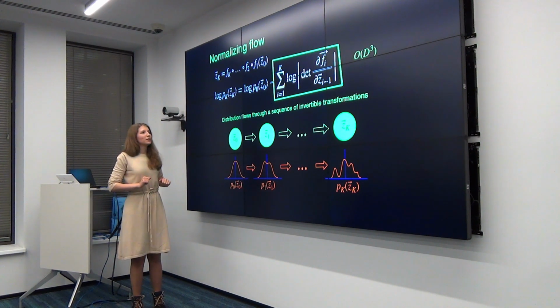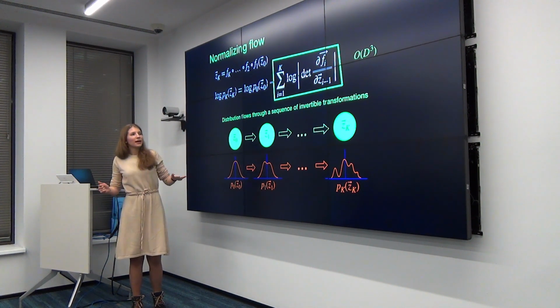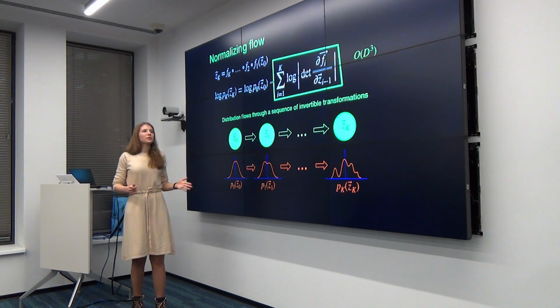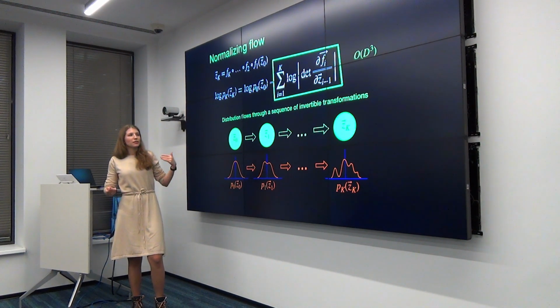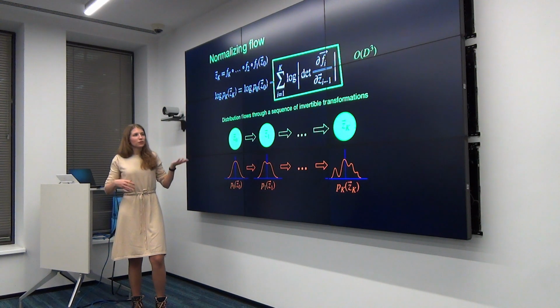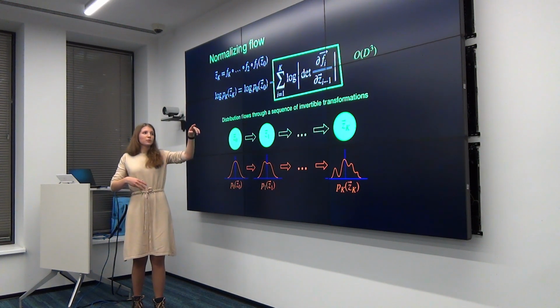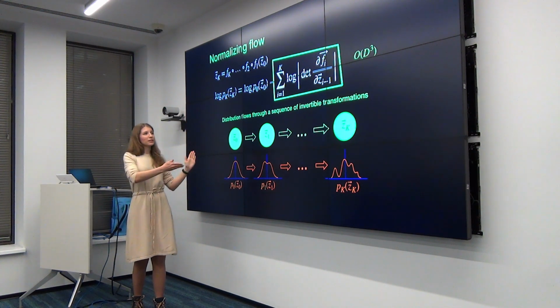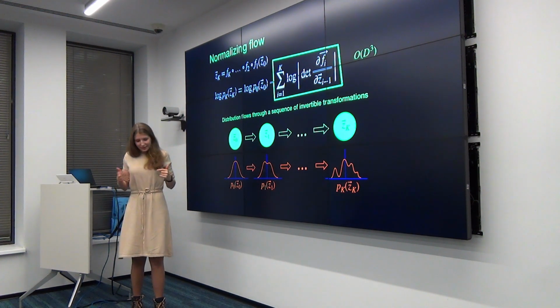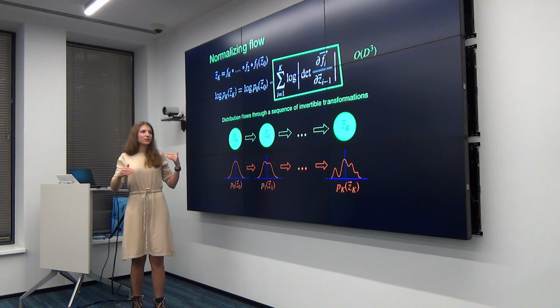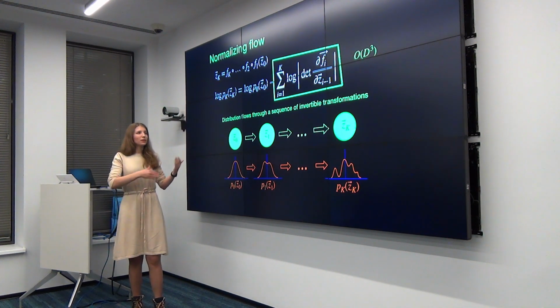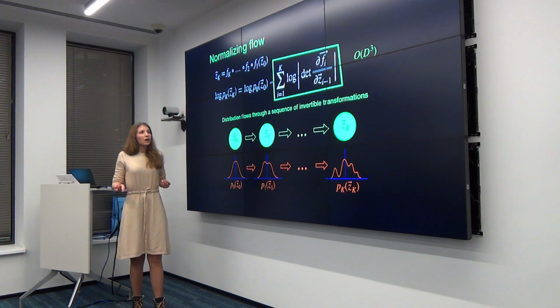Here we need to compute the logarithm of the determinant, and to compute the determinant we need about cubic computations with respect to the dimension of the matrix. If we deal with high dimensional data, it may be too much.